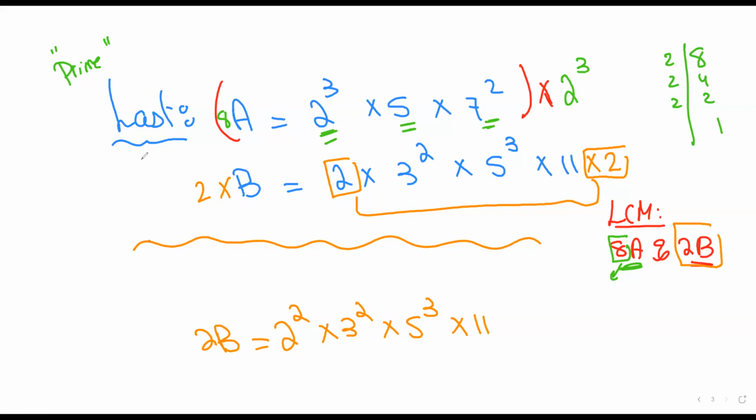Then using my highlighter, I will combine these two together to write the final form of 8A. So 8A will be 2 power 6 multiplied by 5 multiplied by 7 squared. And then the question will say find HCF or LCM, depending on what the question requires. So please pay attention to this part over here.